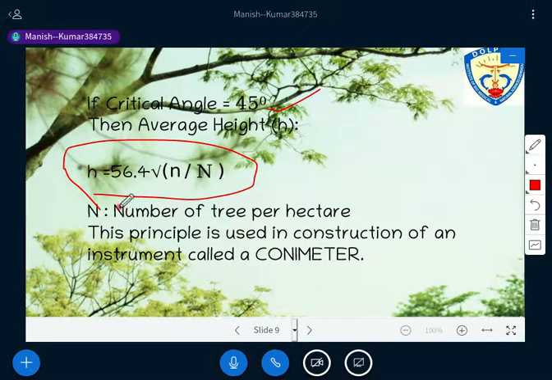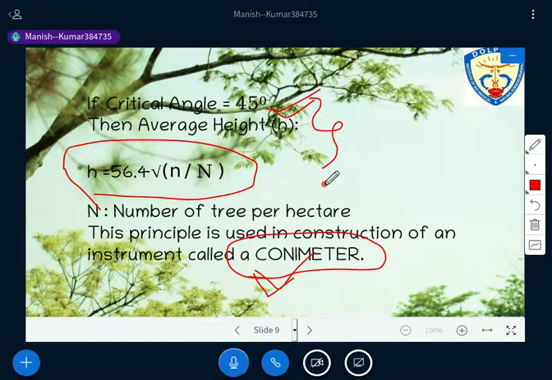Using this principle of the critical angle of 45 degree, one instrument has been developed, the conimeter, right? For vertical point sampling this instrument has to be used, and it subtends a critical angle of 45 degree. Have you got that?